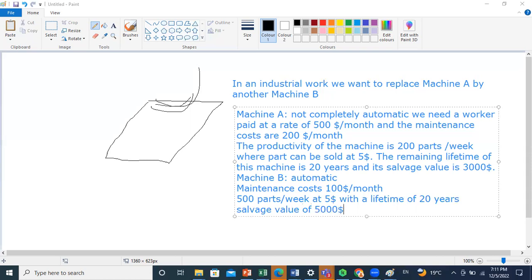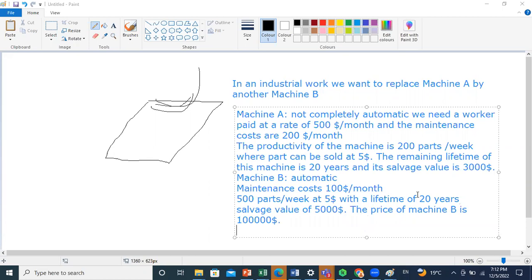The price of machine B is $100,000. This is the problem statement.